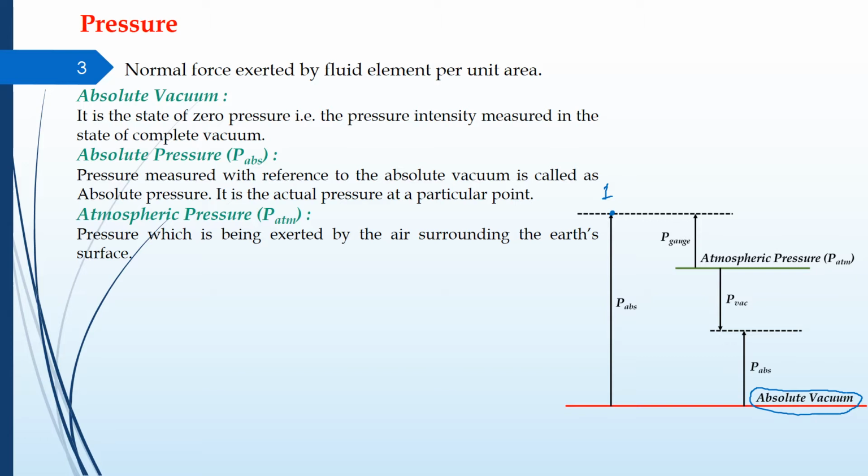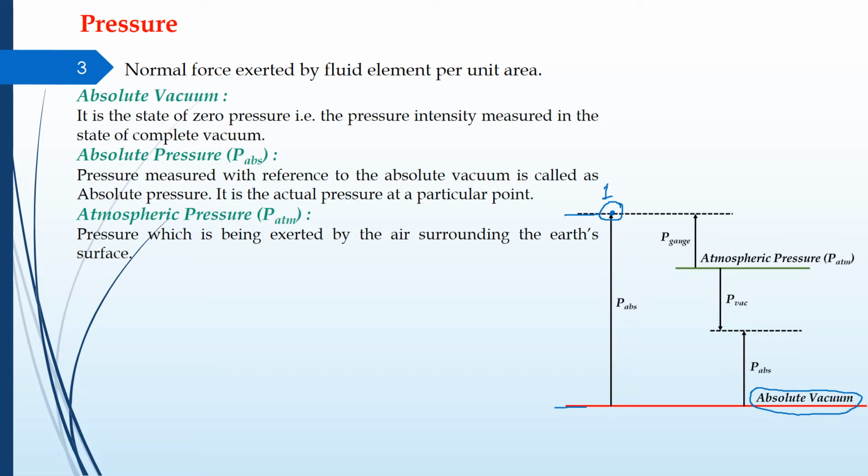This difference between these two references is called the absolute pressure. So absolute pressure measured with reference to the absolute vacuum is called the absolute pressure. It is the actual pressure at a particular point.